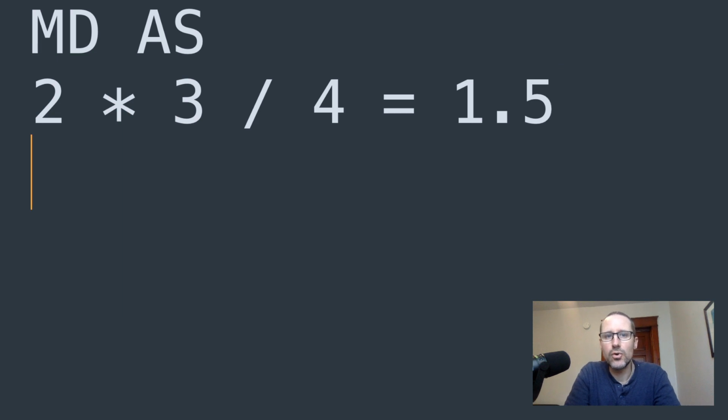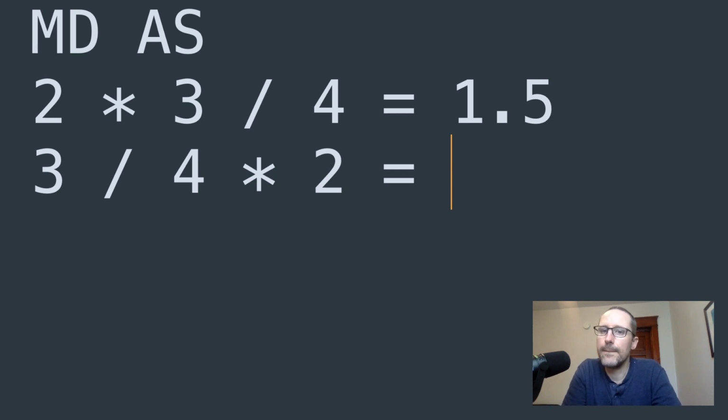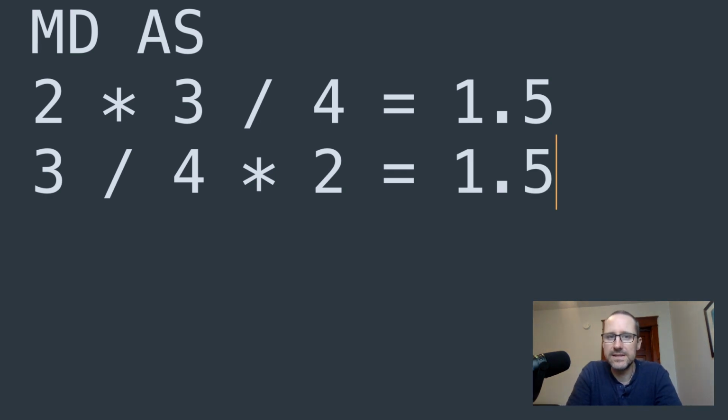If we then try to do the same trick where we move things around, you'll see that it actually works. So we could say 3 divided by 4 times 2. 3/4 is 75 cents, right? So that's 0.75 times 2. If you've got, instead of 3/4, 6/4, well, it's $1.50. So it actually works this way.